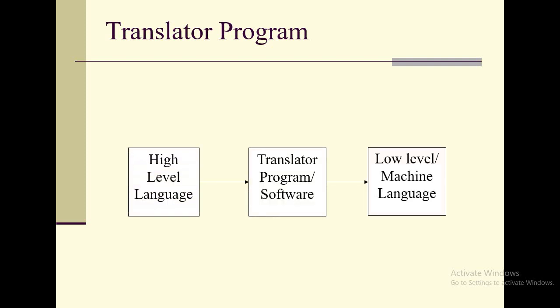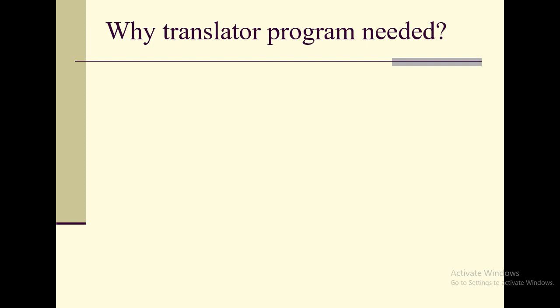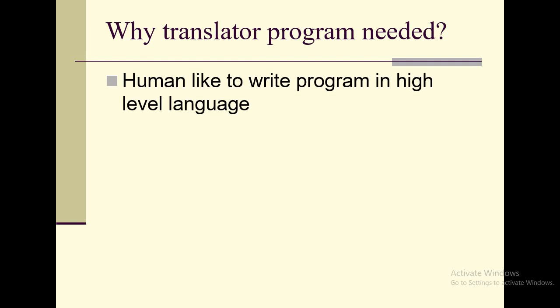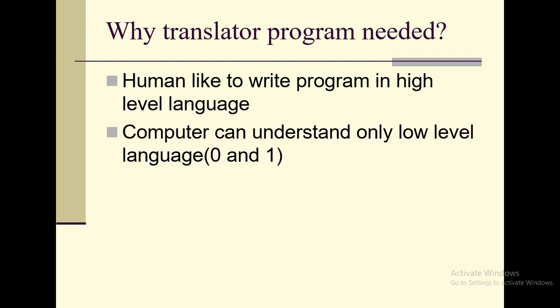We have seen this slide just before. Why is a translator program needed? Because humans like to write programs in high level language, but the computer cannot understand high level, it can understand only low level language, that is 0 and 1.